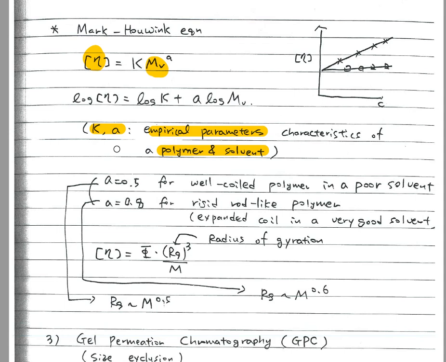So for example, for a well-coiled polymer in a poor solvent, we haven't learned about polymer solutions yet. It'll be covered in lecture number 4.